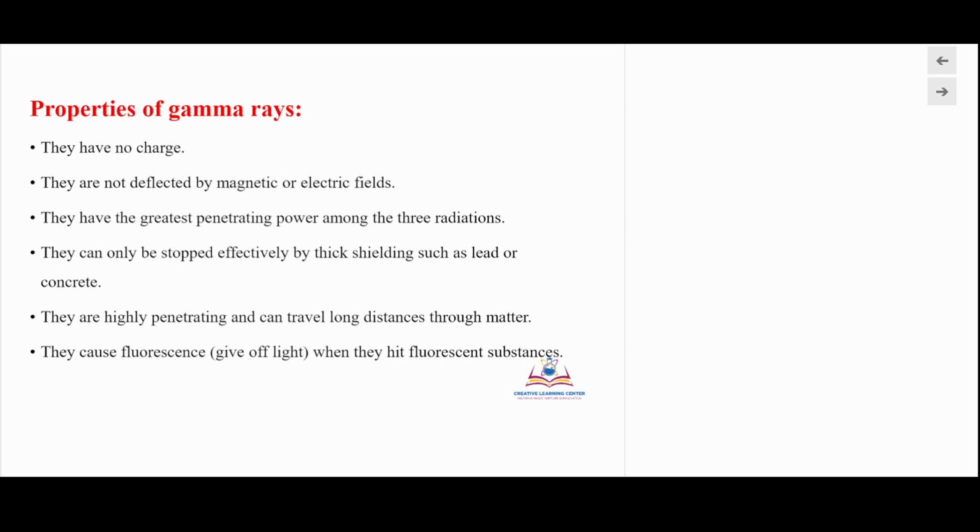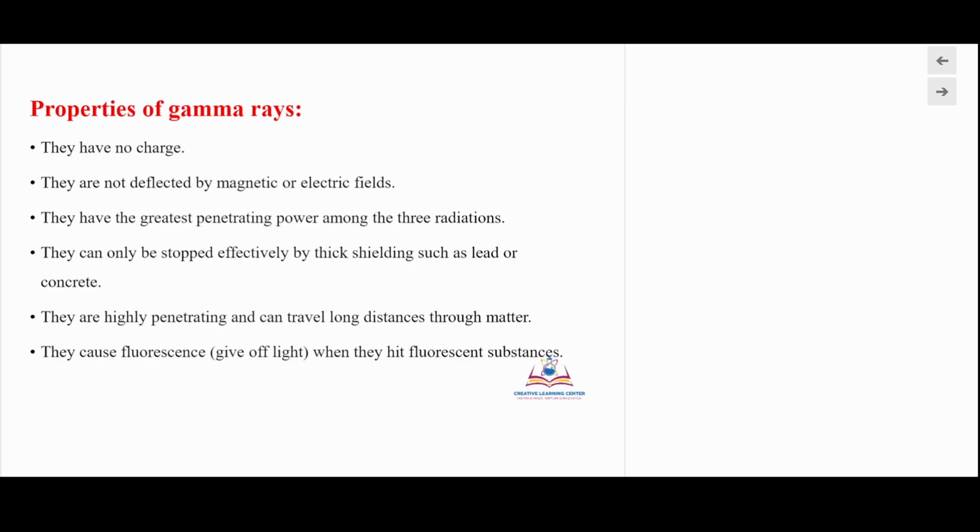Basically, that's what we call the nuclear processes. In nuclear processes, we need to remember the three factors in a system: the gamma, the beta, and also the alpha particles.